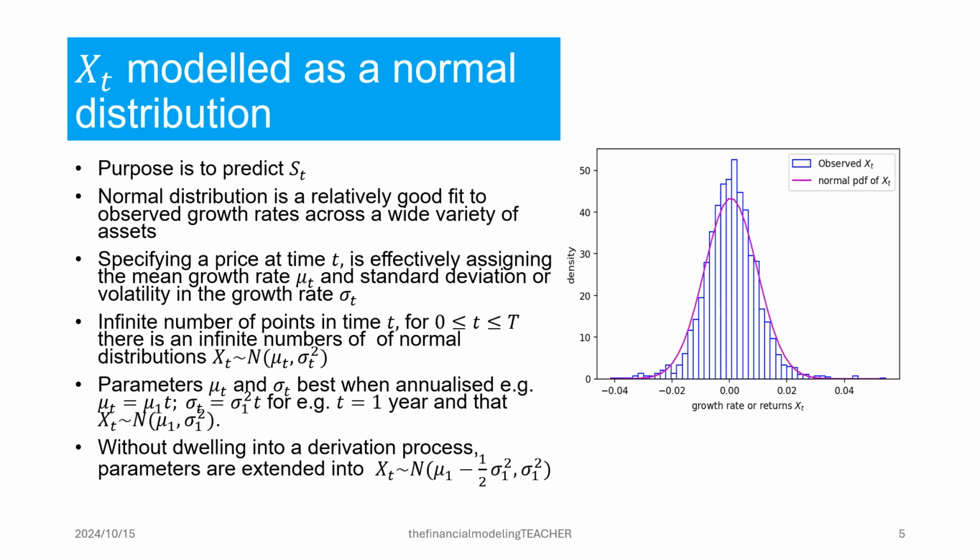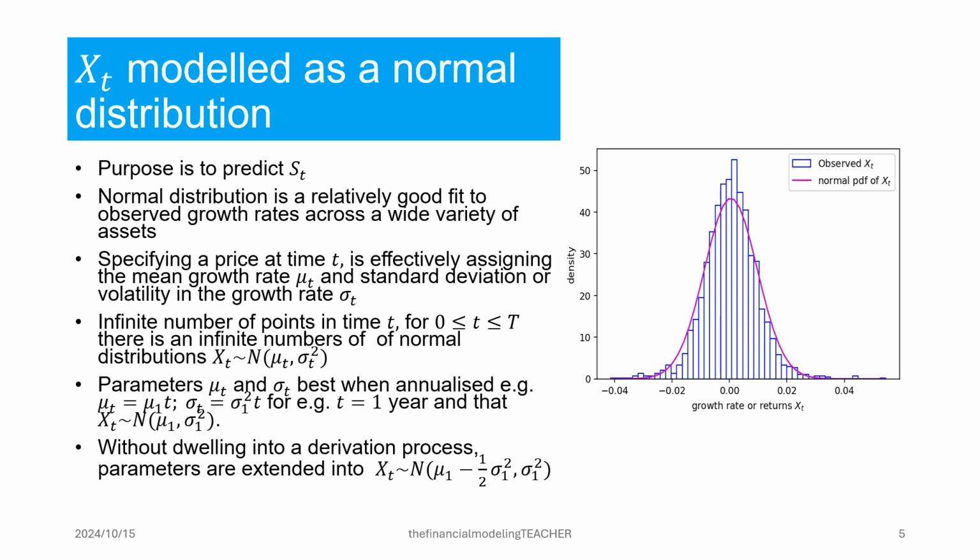But given the infinite nature of these parameters, the big T might be several years or so, so it is always best to annualize these parameters. Of course, we will be guided by the time period we are discussing. For instance, in this case, we are saying our T is just 1.